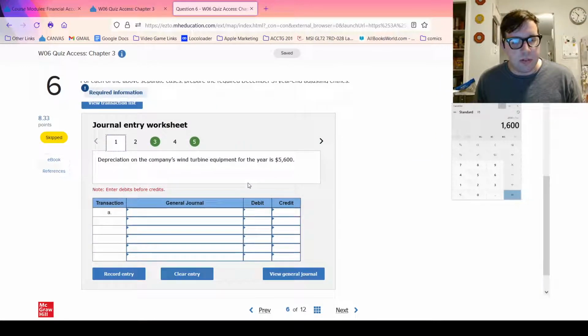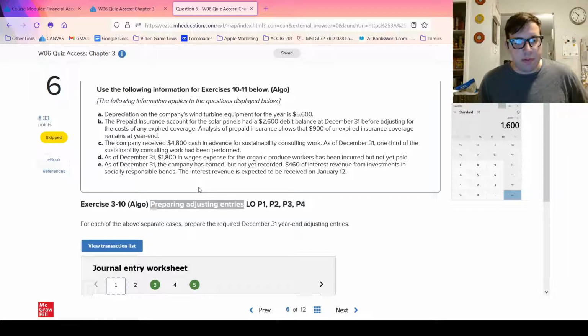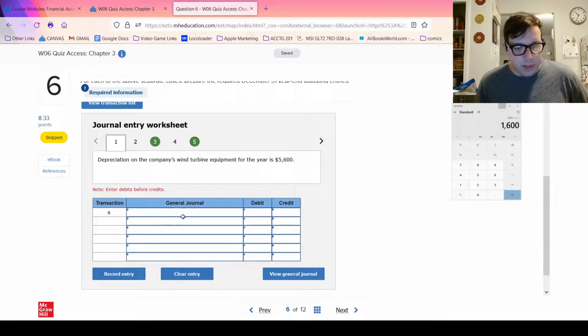A says depreciation on the company's wind turbine equipment for the year is $5,600. So this isn't actually the value of the wind turbine, rather the depreciation expense. So it's going to be the accumulated depreciation for equipment, and we're recording that expense and that value as of December 31st. So what we're going to do here is go to the first drop down.